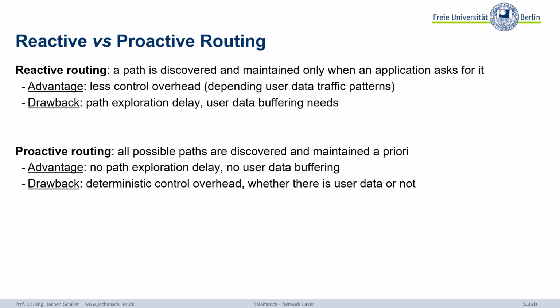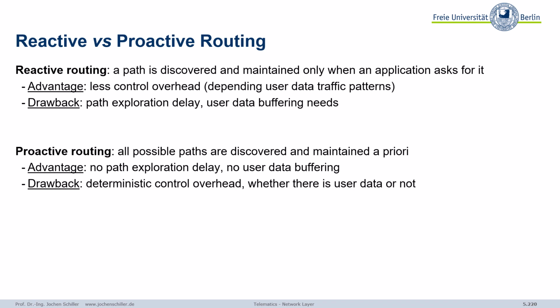Big advantage, we don't set up paths for nothing. As soon as there's data, we forward it. Way less overhead. The drawback is, this takes time, because if we want to send something, then we find the path across the whole internet.